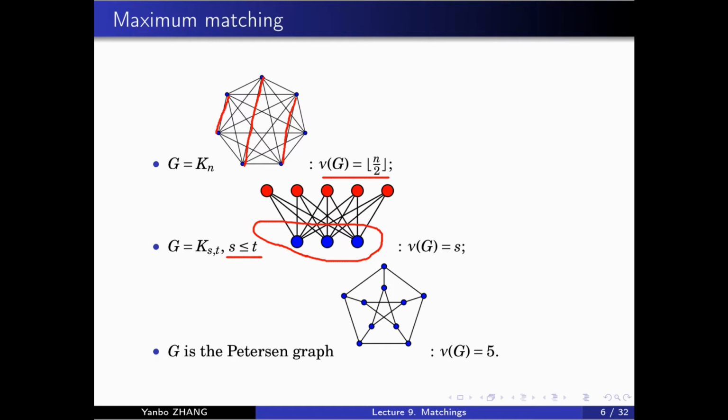We can find such a matching covering every vertex of this part. This is a maximum matching. Thus, nu(K_{S,T}) equals S. When G is the Petersen graph, we can find a perfect matching.